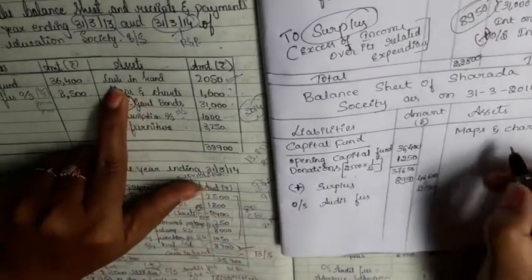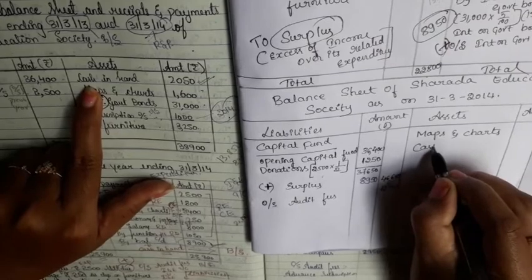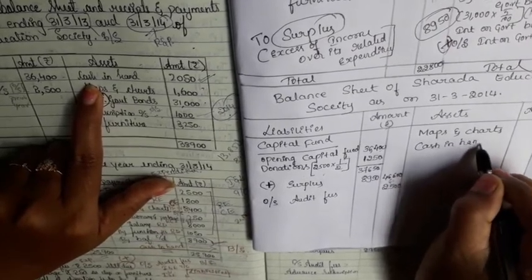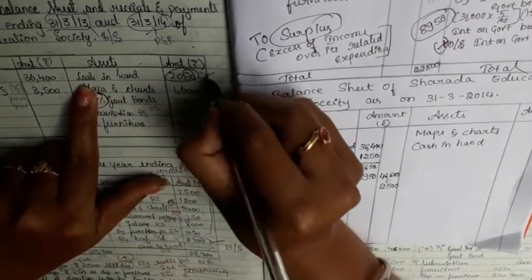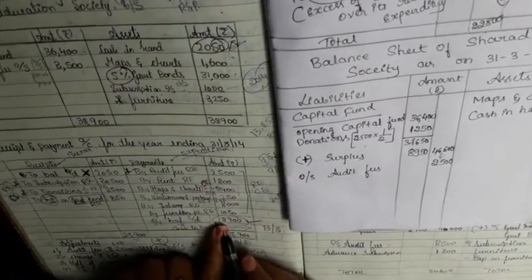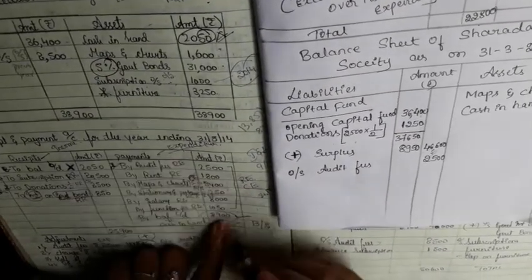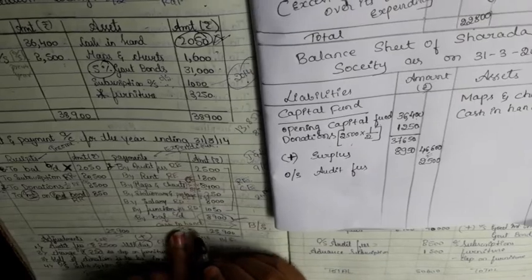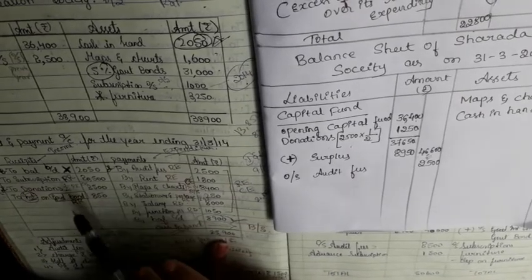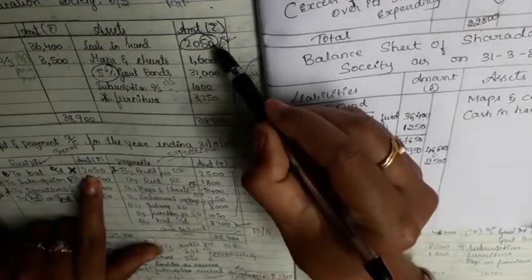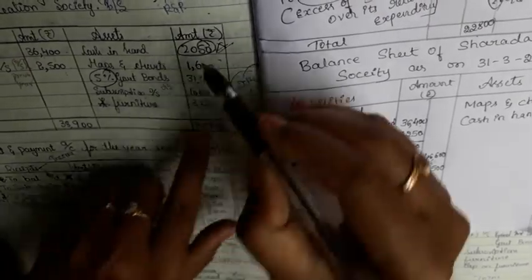Next one is cash in hand. This amount is not considered. The closing balance which we get in the receipts and payments account will be cash in hand for the present year. Why? Because we have received cash in hand 2,050 in this sum.